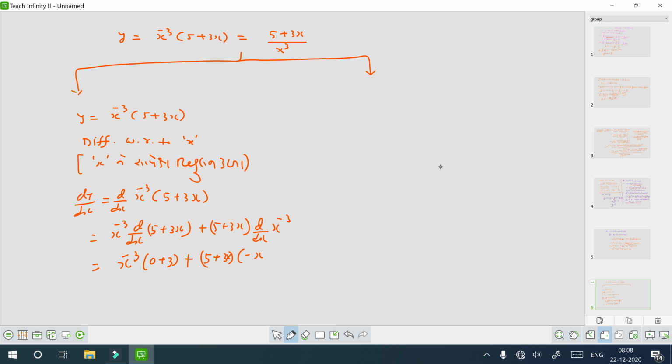What is the derivative? x raised to n, n x raised to n minus 1. So can I write here 3 by x raised to minus 3? Yes. Minus 5 plus 3x upon minus 3, 5 plus 3x upon x raised to 4.